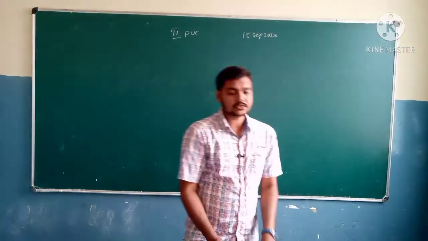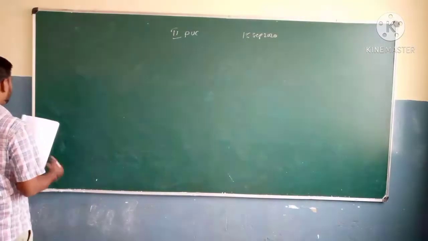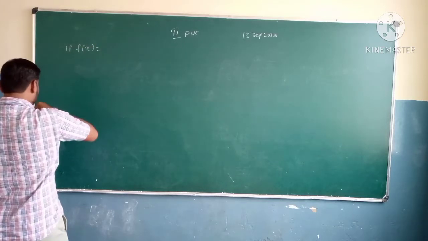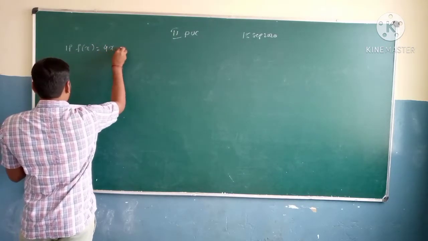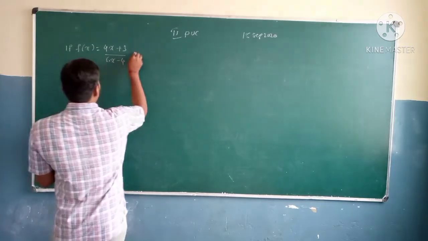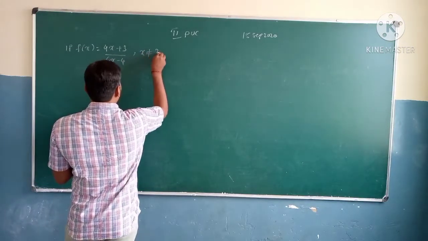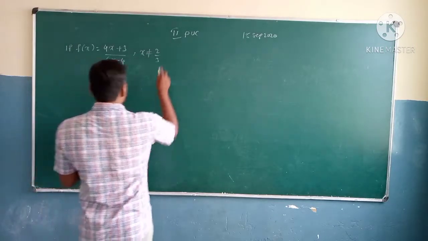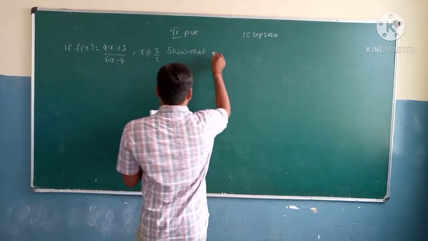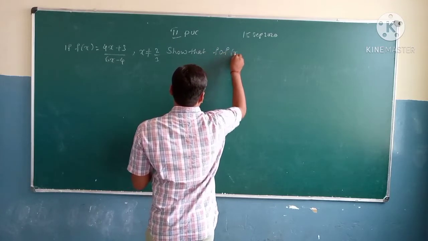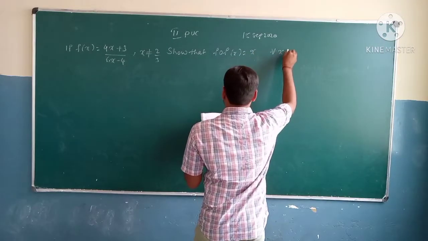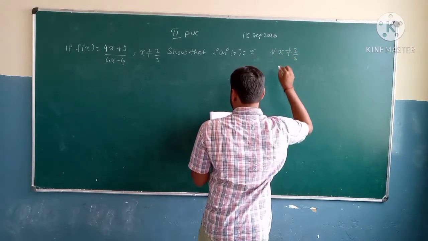So the first question of this video is: if f(x) is equal to (4x plus 3) divided by (6x minus 4), where x is not equal to 2/3, show that f(f(x)) is equal to x for all x not equal to 2/3.